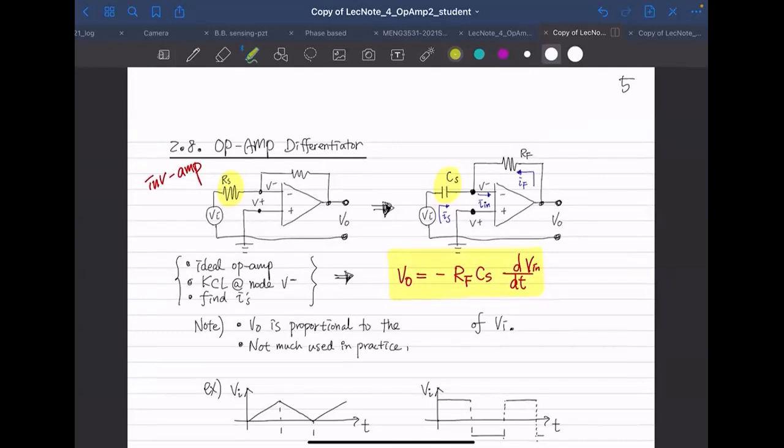And from here, we can clearly see our input is being differentiated and multiplied by some gain, and you flip the sign, and that's our output.